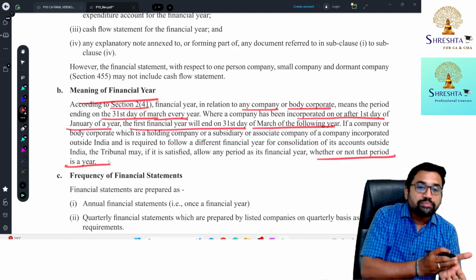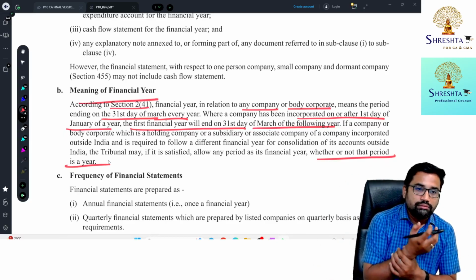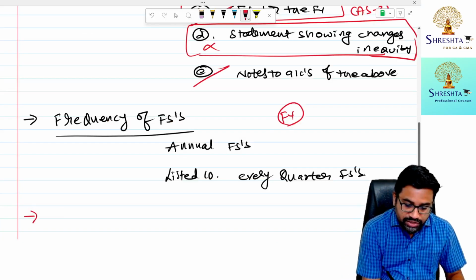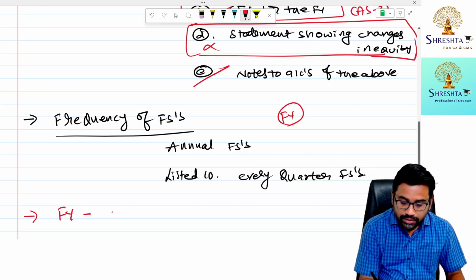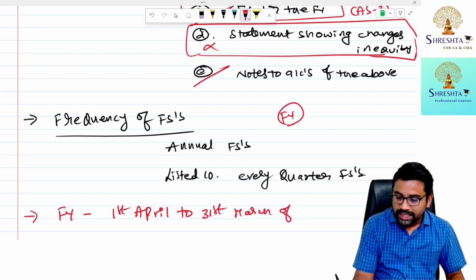So 1st April to next year 31st March. This is fixed. If anybody asks you what is financial year, you have to tell: 1st April to 31st March of the next year.